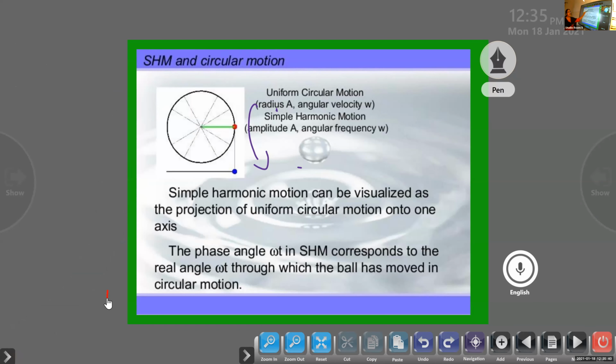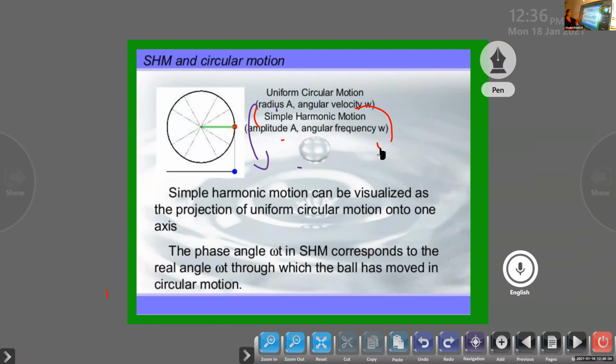Okay, so here A represents the radius of the circle, that is going to be the amplitude, and angular velocity omega. In simple harmonic motion, what is the corresponding value? Instead of radius A, we are having amplitude A. Instead of angular velocity, we are having angular frequency. That is the only difference between uniform circular motion and simple harmonic motion.